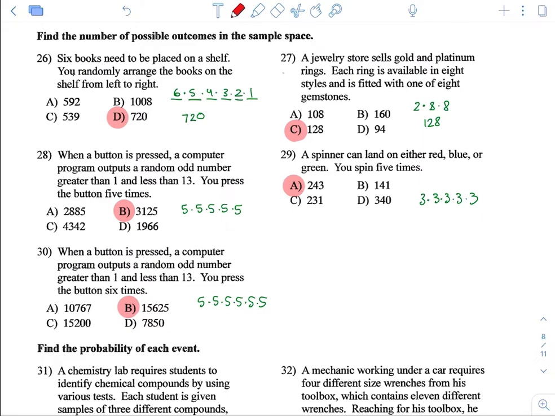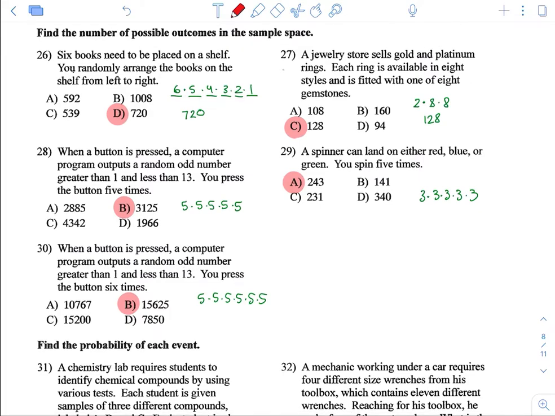28. When a button is pressed, a computer program outputs a random odd number greater than 1 and less than 13. You press the button 5 times. So essentially, for each press, there's going to be an output that's either going to be 3, 5, 7, 9, or 11, because that's all the odd numbers between 1 and 13.